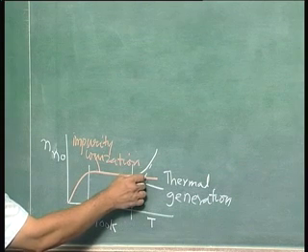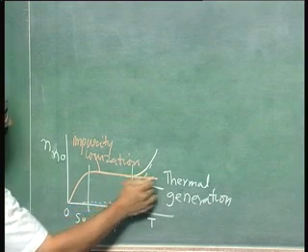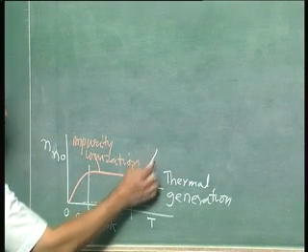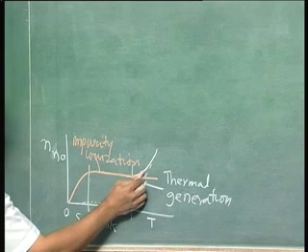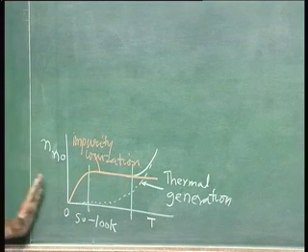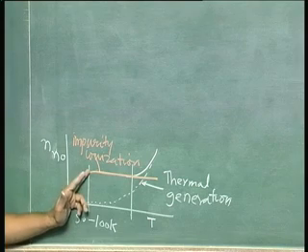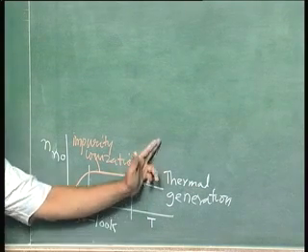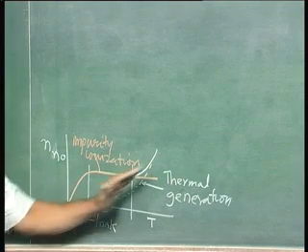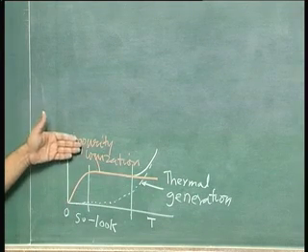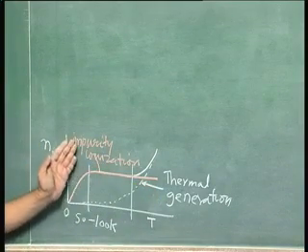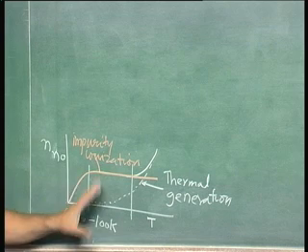And so here beyond this, though the impurity ionization has saturated, thermal generation is increasing and it is going beyond this, so the carrier concentration now starts exceeding. That is how you can explain how you get an increasing portion in the beginning, then a flat portion of the concentration, and then again an increasing portion. So this kind of behavior arises from the two particular sources of carriers, namely the impurity ionization and thermal generation, and their individual behaviors.